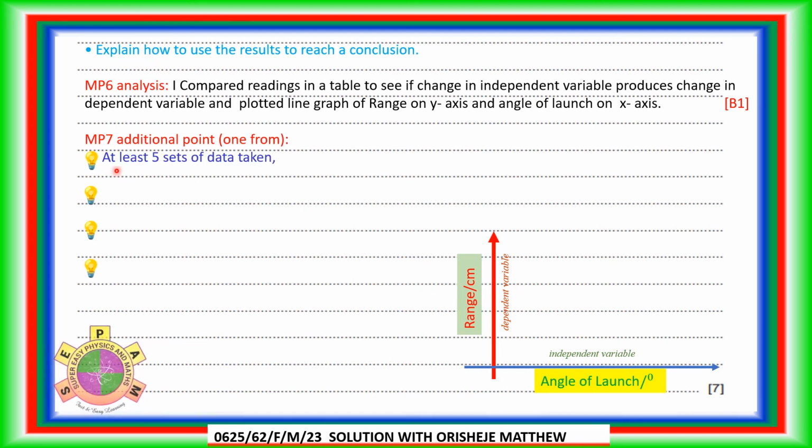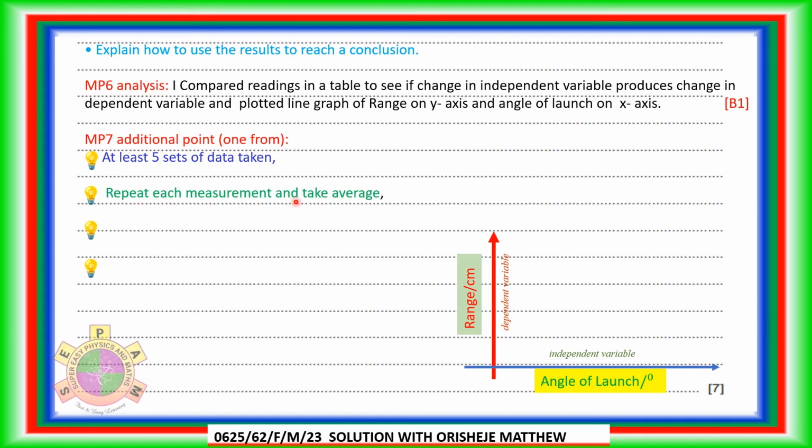For measuring 5 sets of data, like in this experiment, we varied the launch angle from 20, 30, 40, 50, and 60 degrees. So we have 5 sets of data. So this one, 1 mark.